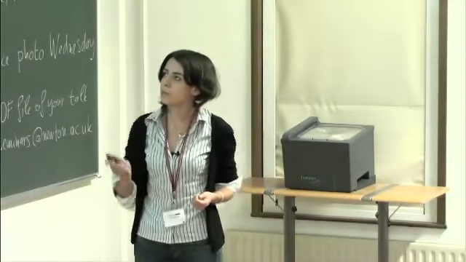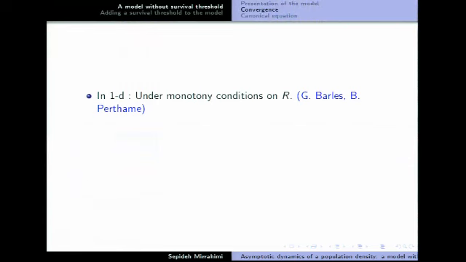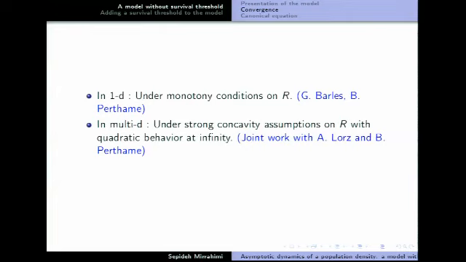So this monomorphism is proved in the 1D case by Guy and Benoît with some monotony assumptions on R, and in the multi-D case we have proved it with Alexander Lorz and Benoît under some strong concavity assumptions on R with quadratic behavior at infinity.